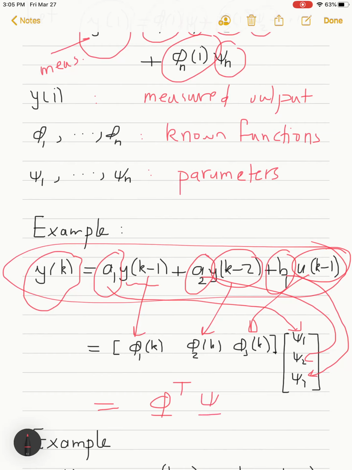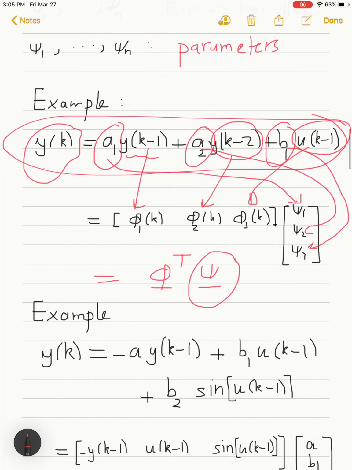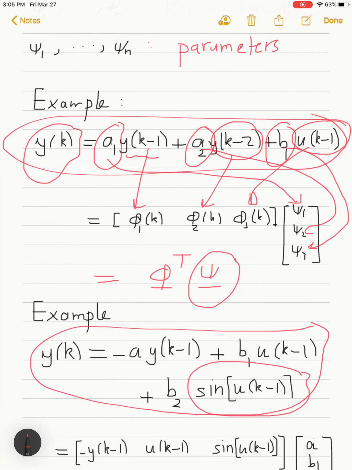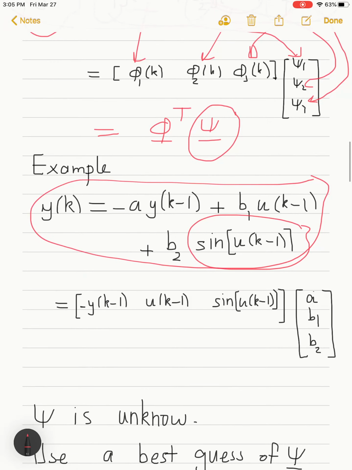You will notice in that model that we define the output as a linear relation in the parameters. So the parameter vector appears here as a linear component in the equation. But that does not mean that I'm only dealing with linear systems, because if you consider this difference equation, which is nonlinear because of the sign term here, still I can put it in the form which is linear in the parameters.